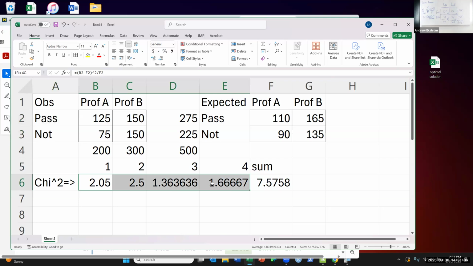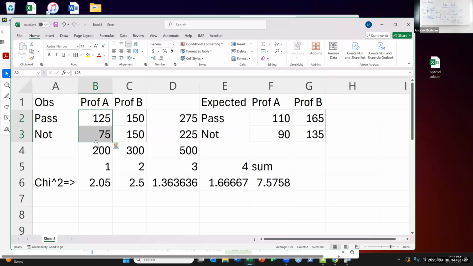If we look at these individual chi-squared values, that one happens to be the largest one. And these two happen to be the largest two.